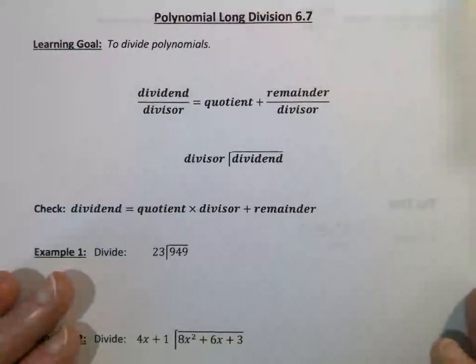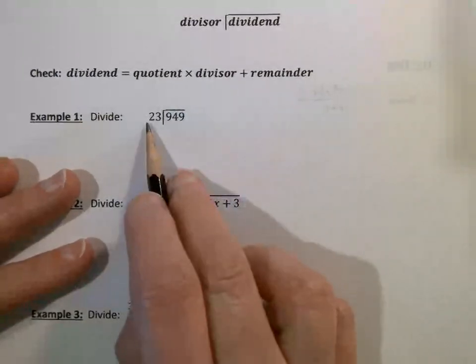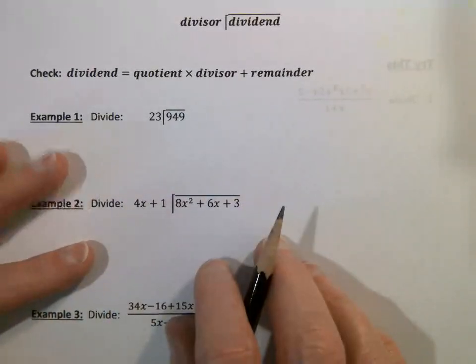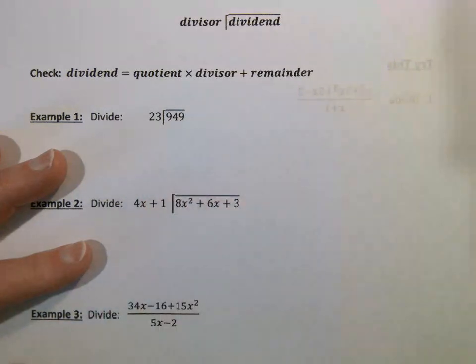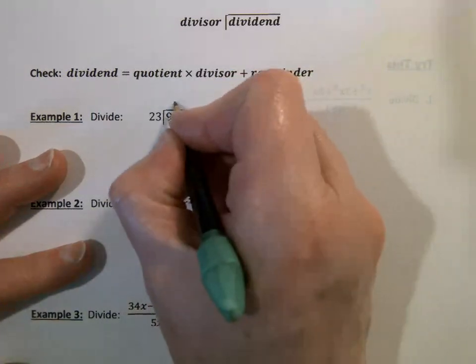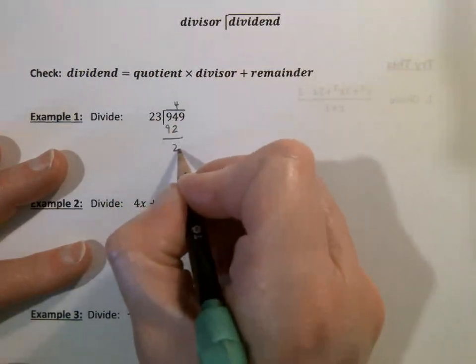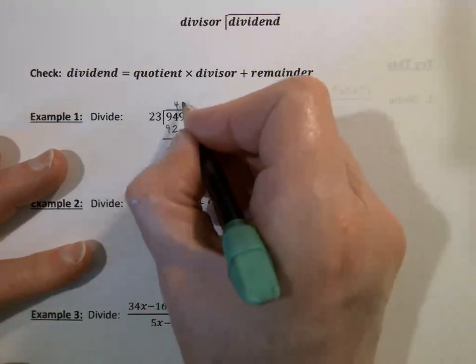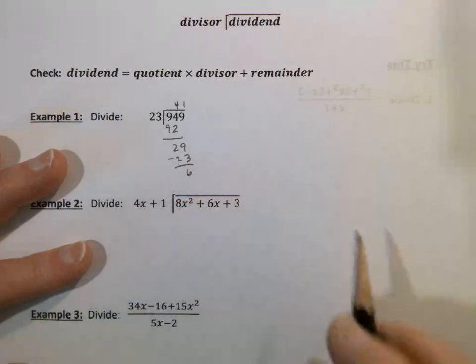Okay. So let's start with some regular numbers. I want to divide 23 into 949. I would look at it and say that will go in, I don't know, 4 times. So 4 times 3 is 12, 8, 92. So I have 29. 23 will go in 1 time, and I'm left over with 6.